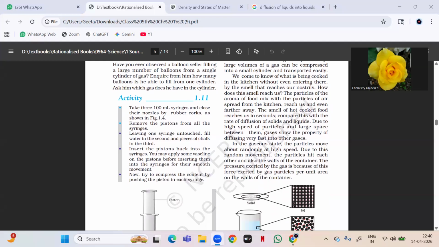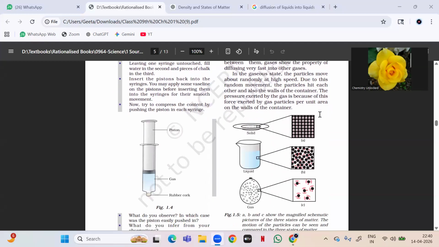These images show us a small portion of solids, liquids, and gases. Again, you can see that solids are compactly packed, liquids have freedom to move around in the container, and gases have maximum freedom and can even leave the container.